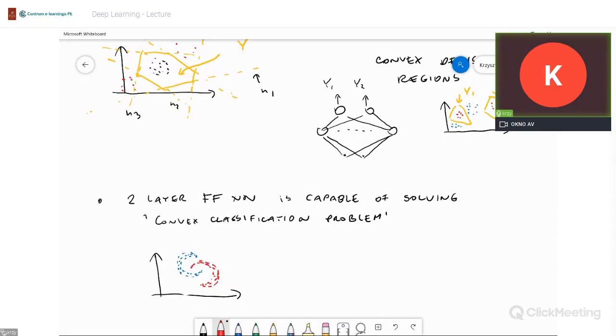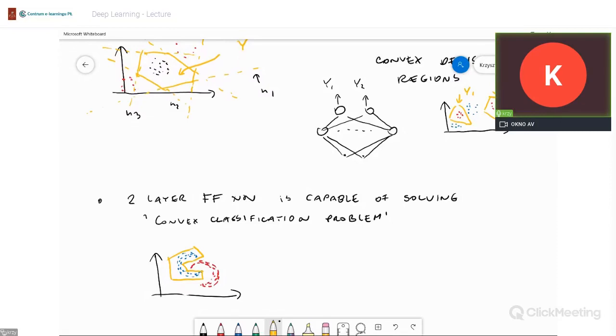I cannot solve this problem using two-layer neural networks, just because samples that belong to a class occupy a region in space that is not convex, but concave. What I would have to do is separate space with this kind of decision boundaries.